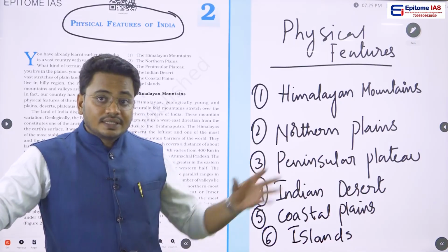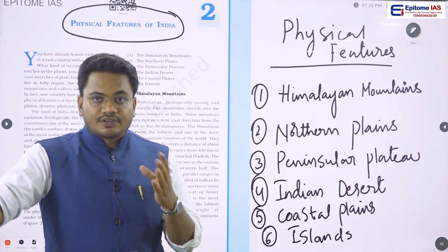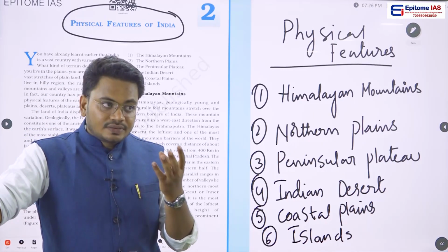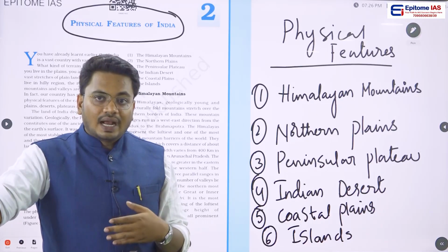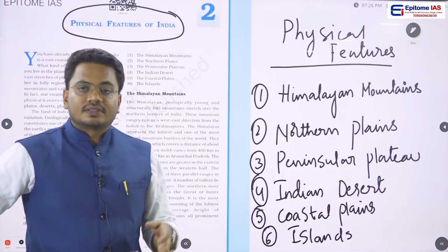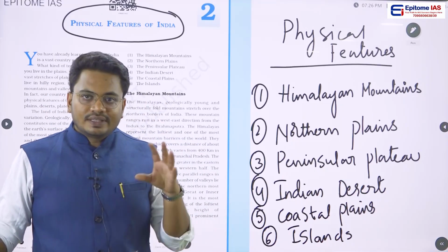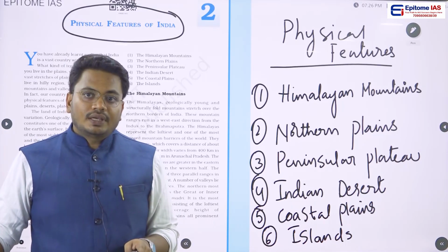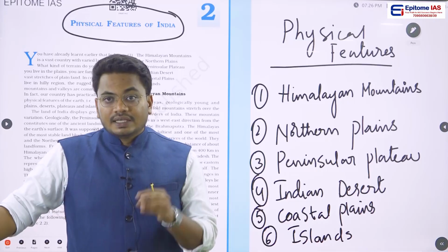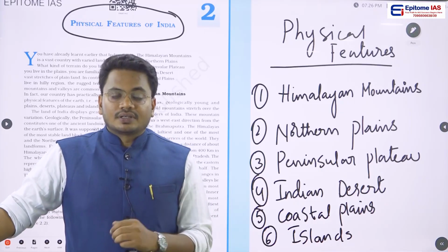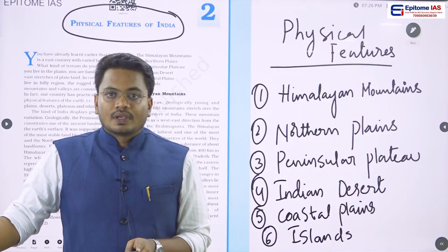These features are responsible for the climatic conditions present in India, they are economically very important to us, and they provide us different types of vegetation. But the point here is not only these three things. The influence of these physical features is also seen in the culture and in the history of India, right.